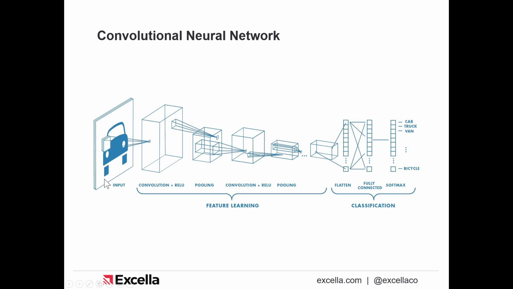For example, it may find that these areas around the wheel are important or these lights are important. And it will then downsample the image here, going further down and down to ensure that only the most important features of the image are then fed into the fully connected network so that we can get a good prediction coming out. So just think of this layer as a way of downsampling the image, and then we do regular neural networks on the right side here to get a prediction on the right.